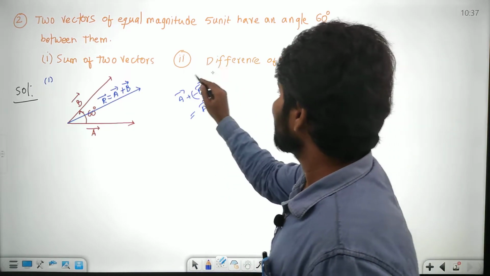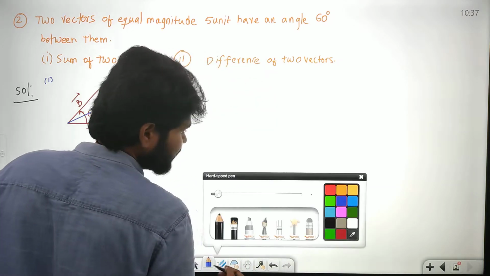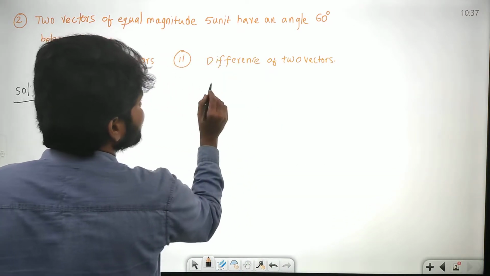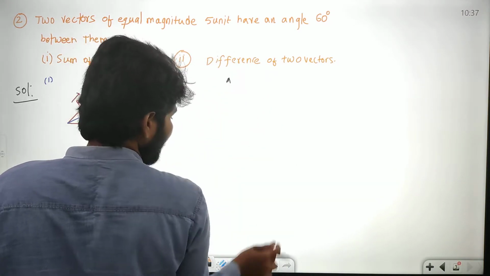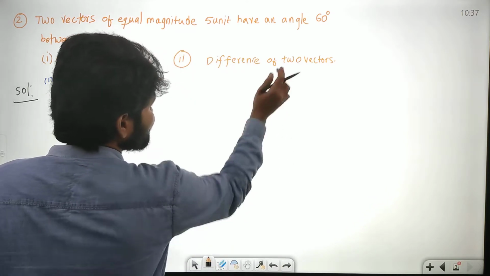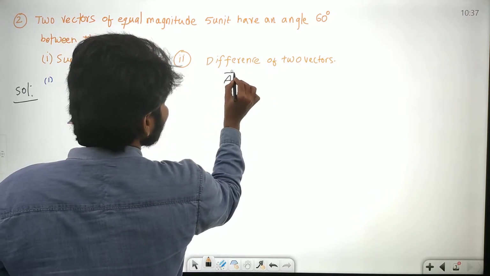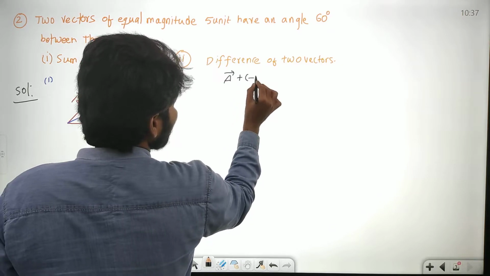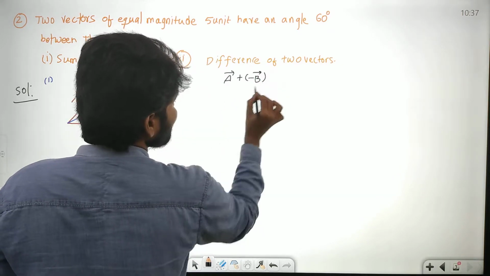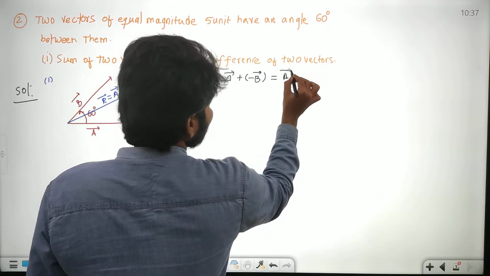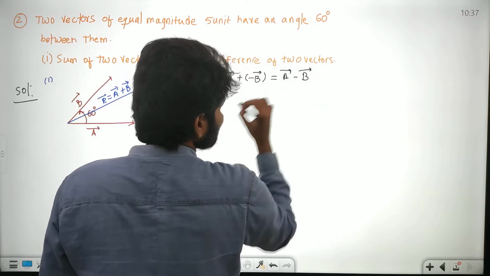We already know this concept, right? So when the difference comes, it is addition of A vector plus minus B vector, which gives A vector minus B vector.